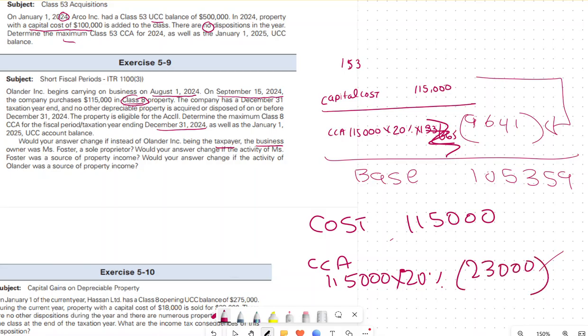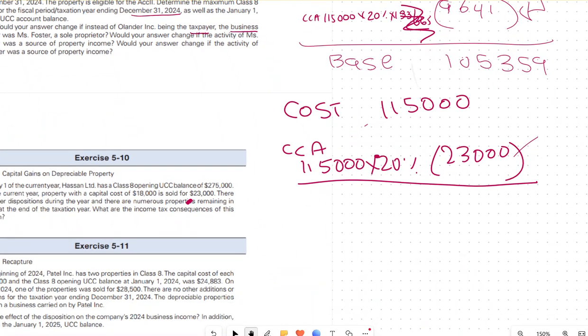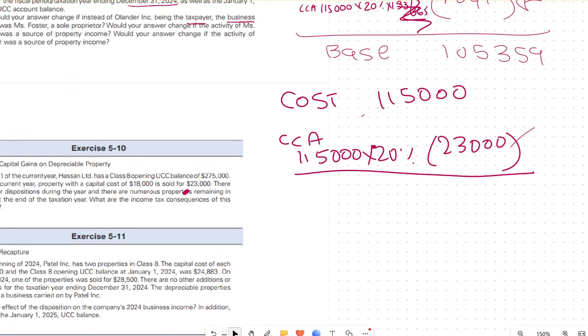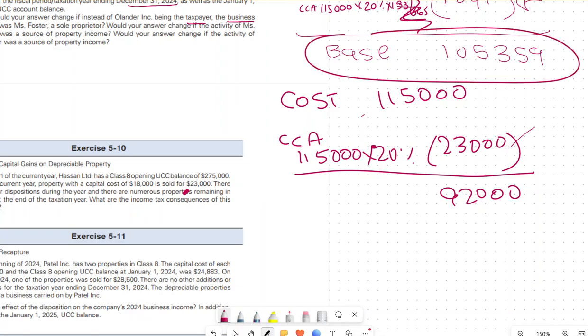The UCC that you will start, or the base of your following year, will be the difference between those two, which is your 92,000. So this will be my 92,000. However, the base is different if it's a business. The base is different if it is an individual.